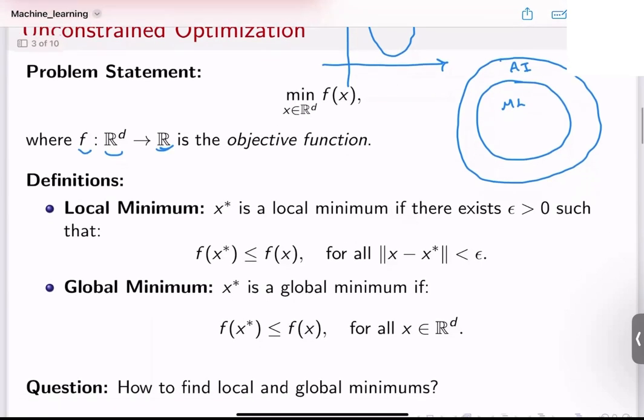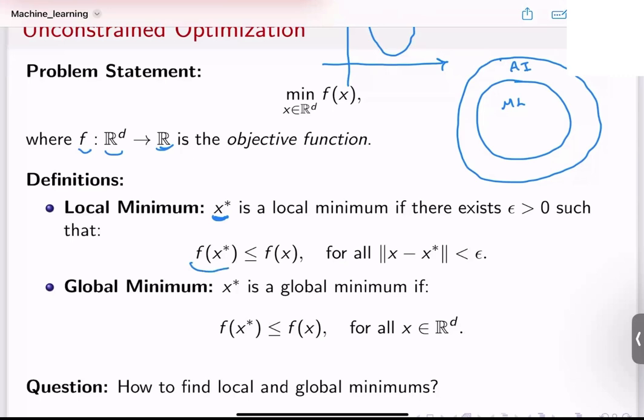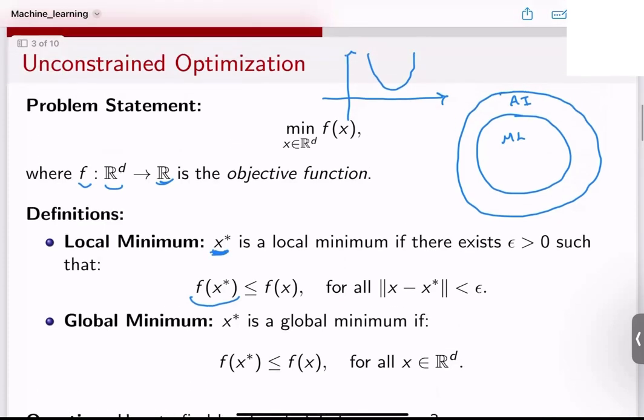So let me remind you real quick of the definition of a local min and a global min. A local min is a point where the function f takes the smallest value in a neighborhood of that minimum.